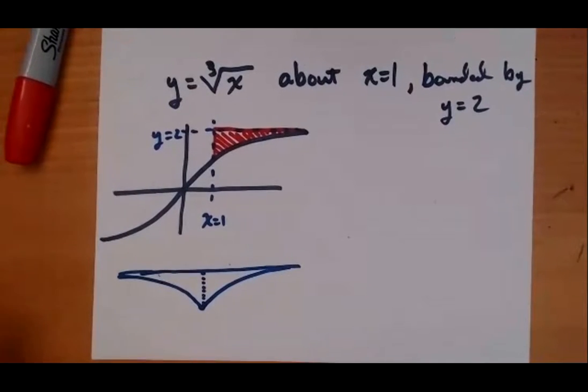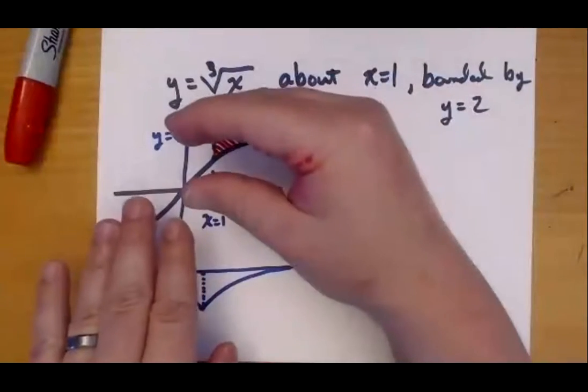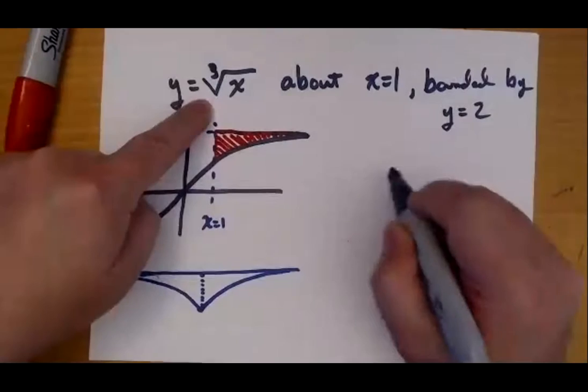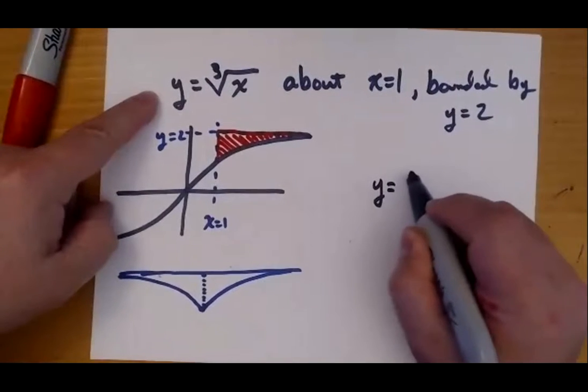Now, first of all, we realize that what we're dealing with here is revolving about the y-axis. So let's take this function and move the axis of rotation, which is x equals 1, over to the y-axis. Instead of this guy, we're going to write what?